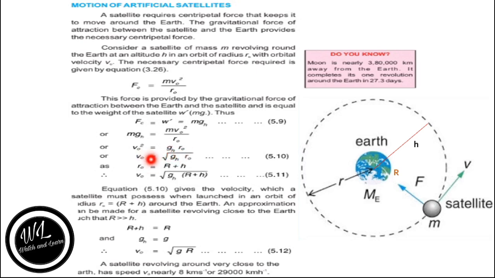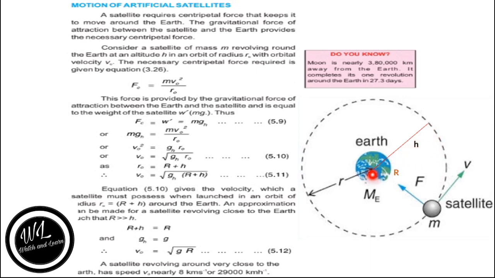To remove the square, we take the square root, and v naught equals the square root of g h times r naught. Here, r naught is equal to the radius of the earth plus the height. You can see clearly that this is r naught, where this distance is r, the radius of the earth, and this distance is h, the height of the satellite from the surface of the earth.